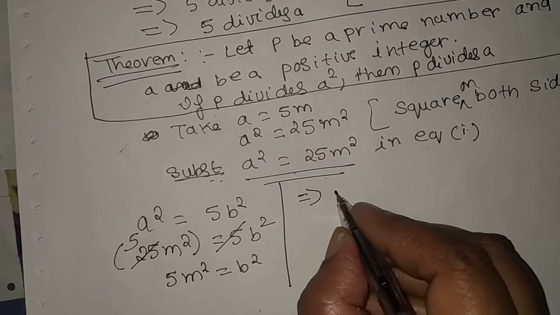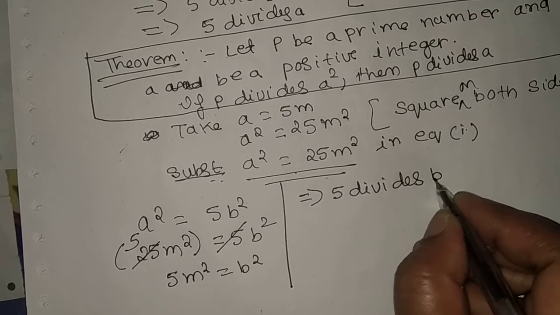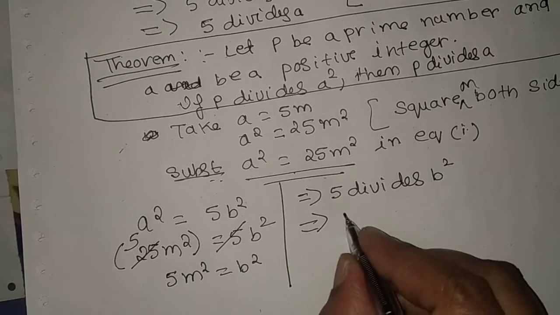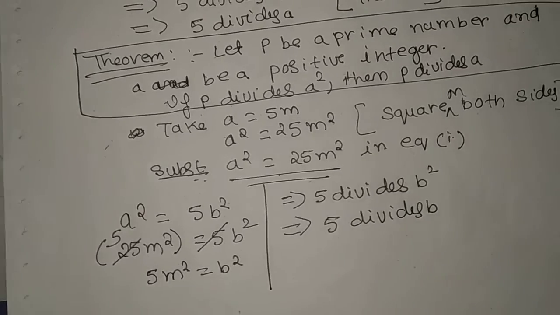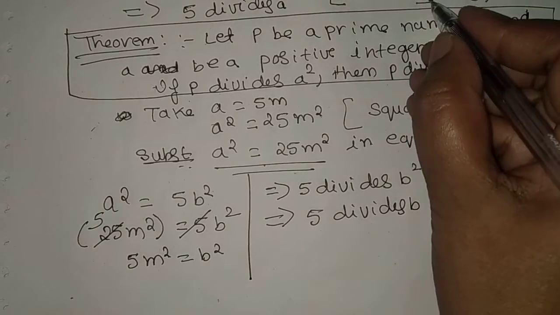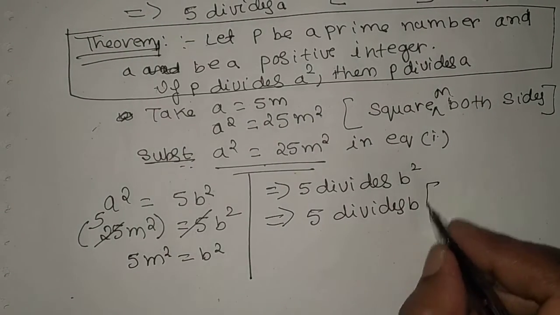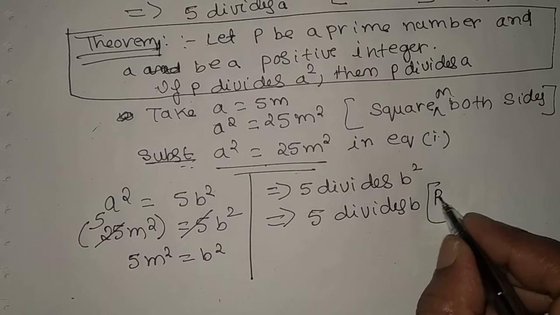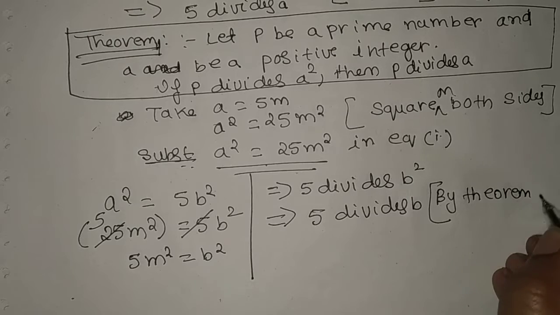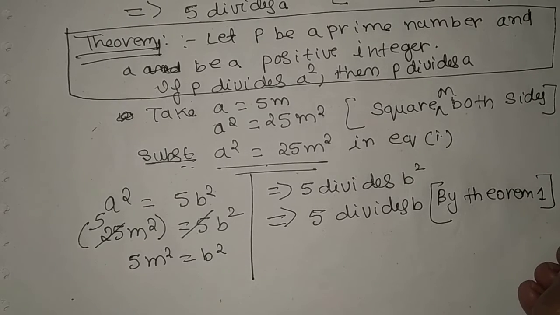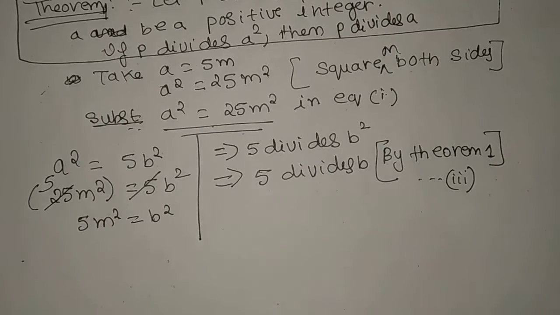Now we can write 5 divides b square, but also we can write 5 divides b, by theorem 1. Give this expression as 3.